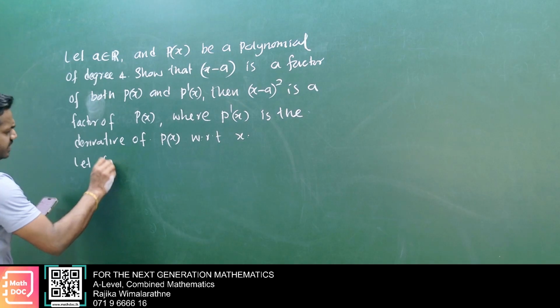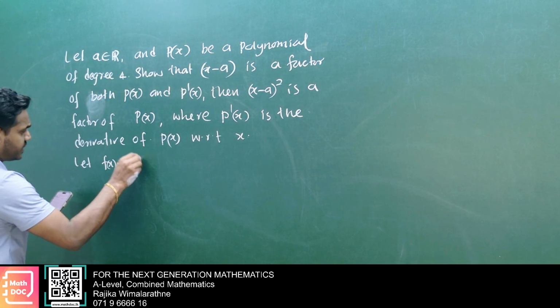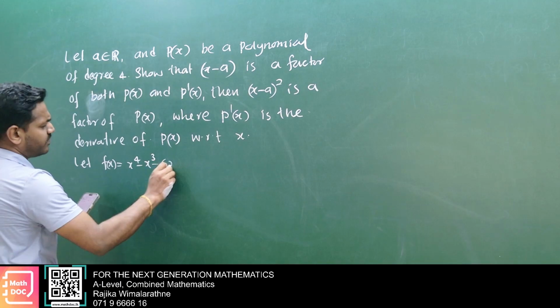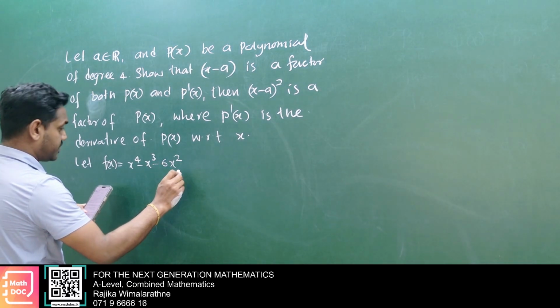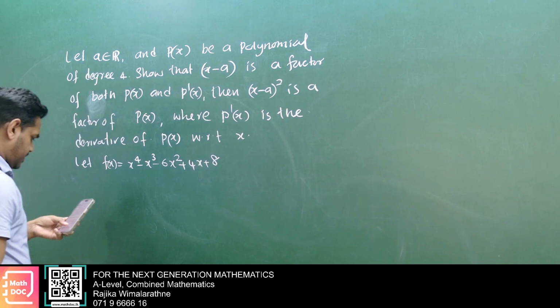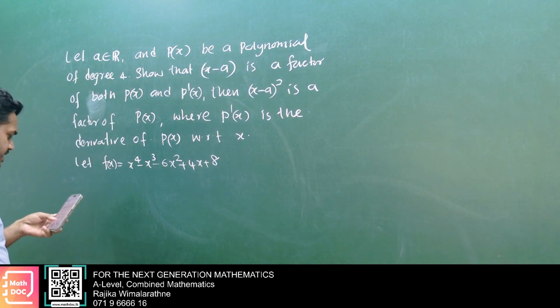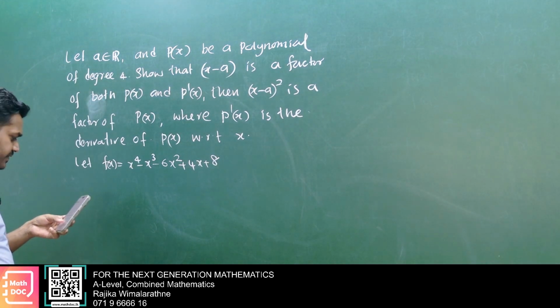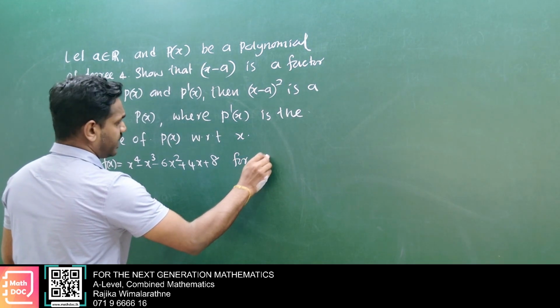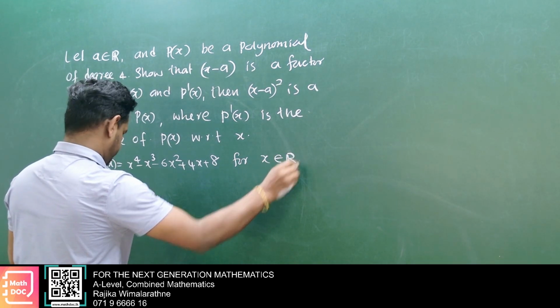Let f(x) equal x to the power 4 minus x cubed minus 6x squared plus 4x plus 8, for x an element of the real set.